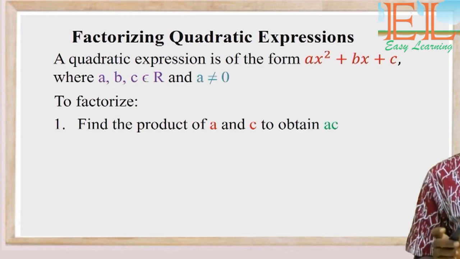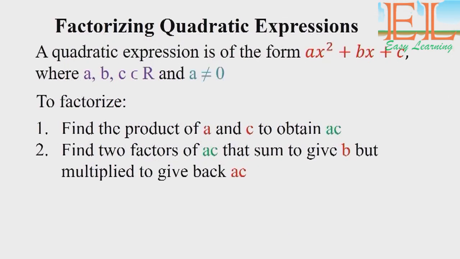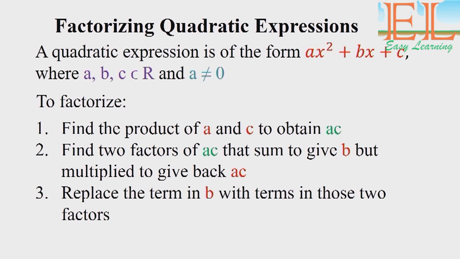Step number 2: you have to find 2 factors of ac such that the sum of those 2 factors always gives us b, and their product always gives us ac. You see the 2 conditions? Their sum gives us b, and their product gives us ac.